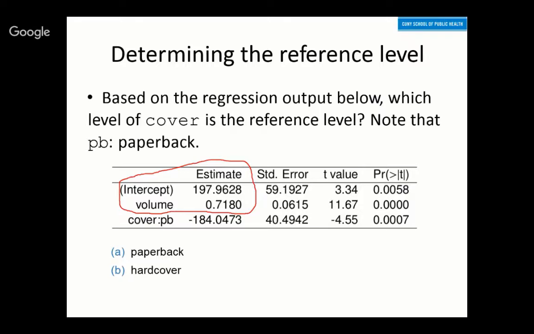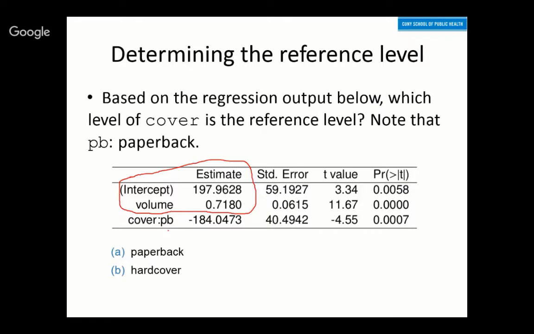And if you have a soft cover, you need to make this correction of minus 184 grams to it. So the reference group is the one for which there are the least coefficients. In this case, hardcover, there's no coefficient for hardcover. The comparison group is paperback, and it's a correction to the reference group.